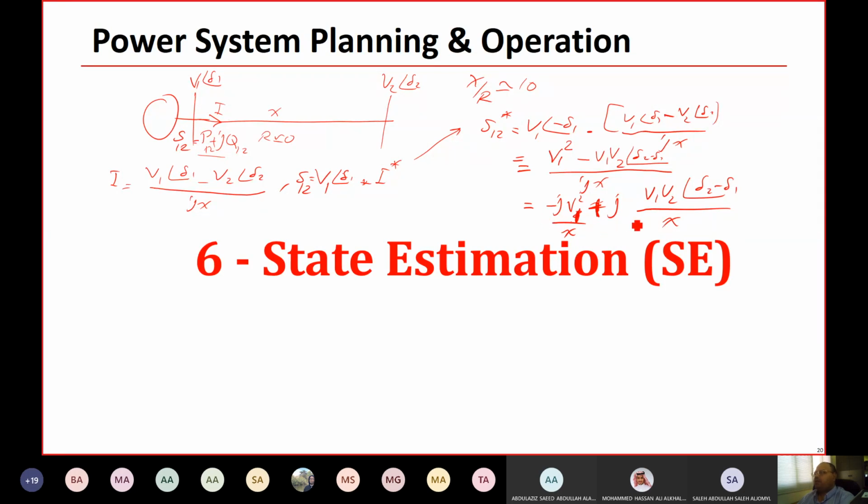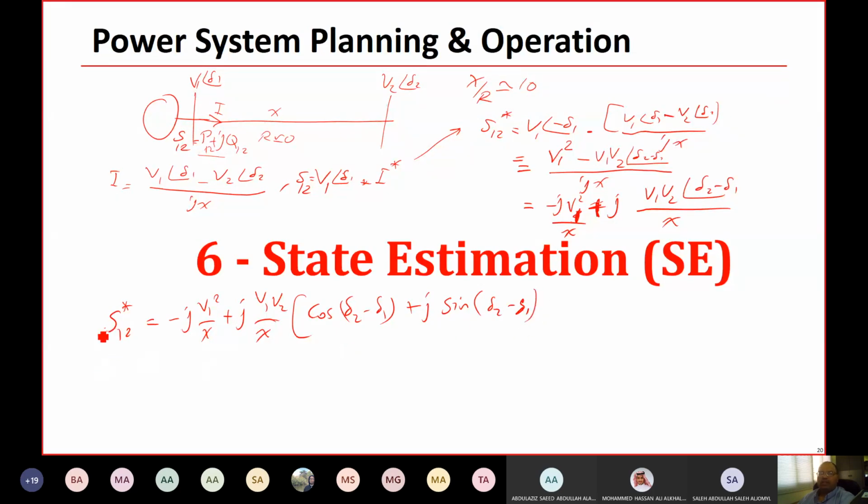So can you expand this delta 2 minus delta 1 to cosine and j sine? Yes. So we can write S12 conjugate here as minus j V1 squared over X plus j V1 V2 over X times cosine delta 2 minus delta 1, plus sine delta 2 minus delta 1.